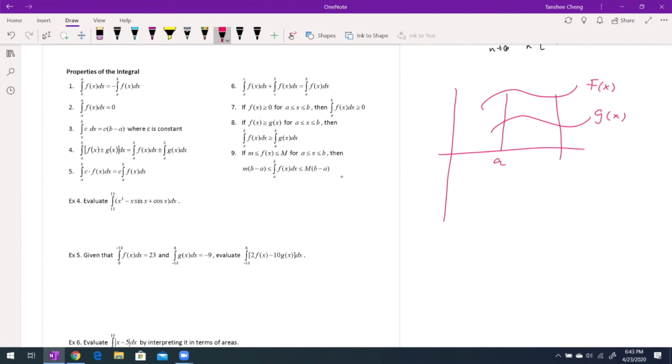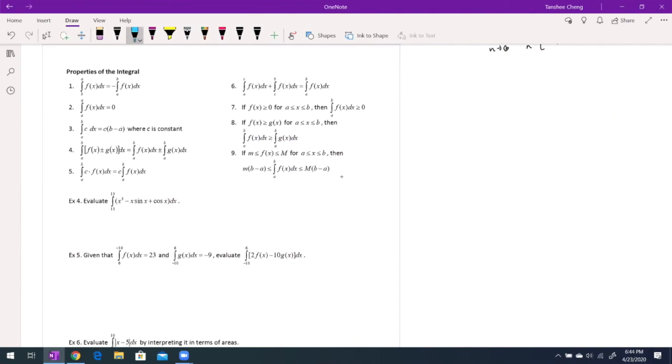Within this interval a to b, if function f is always bigger than function g, then clearly the area under the curve of g will be smaller than the area under the curve of f. So the integral from a to b of f of x dx is greater than the integral from a to b of g of x dx. Geometrically you can see that, but actually deriving it is not that quick.